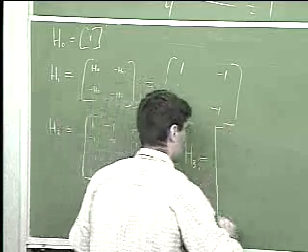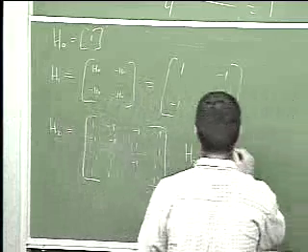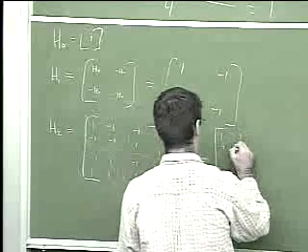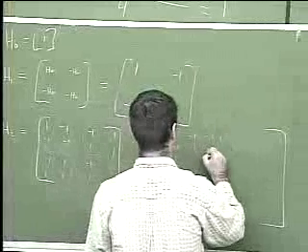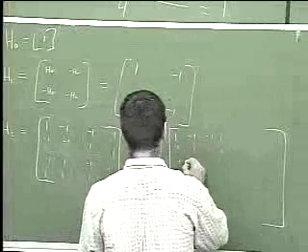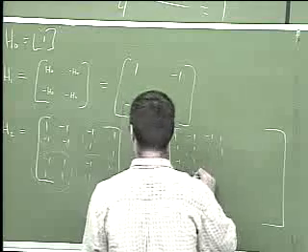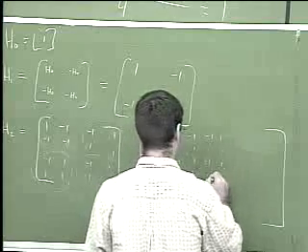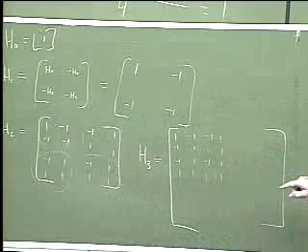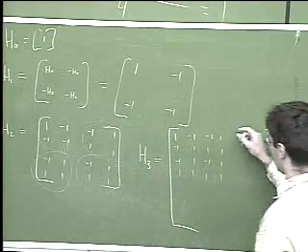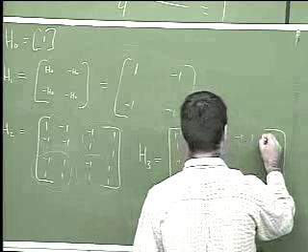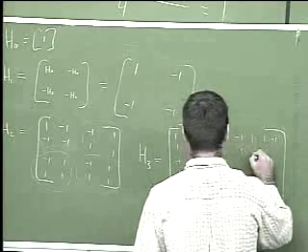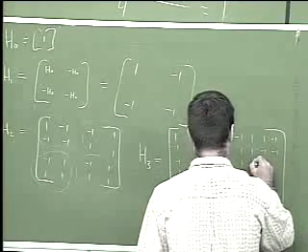H3 is going to be a very big matrix. Right, so there's my H2, and then I have to negate it and put the negated version over here.